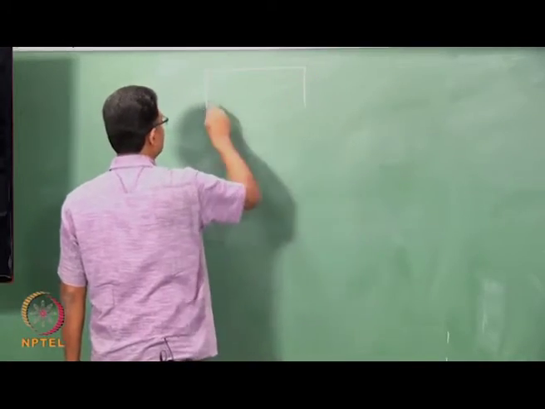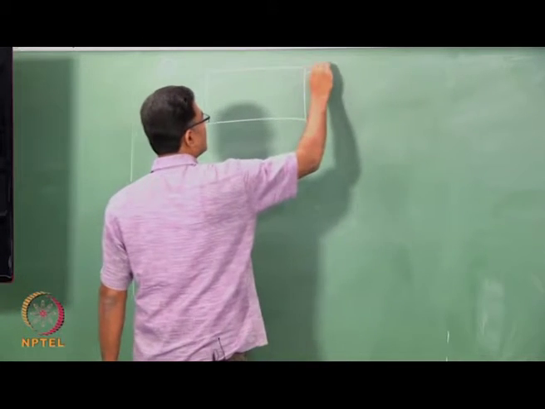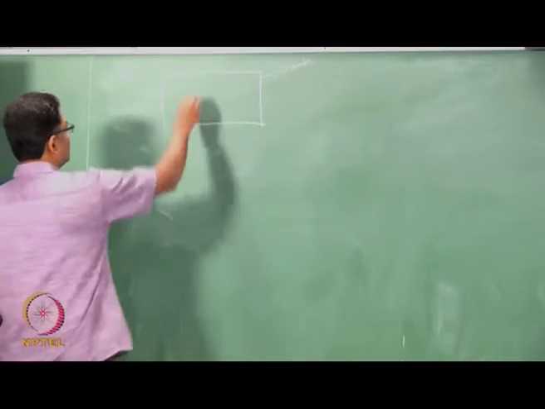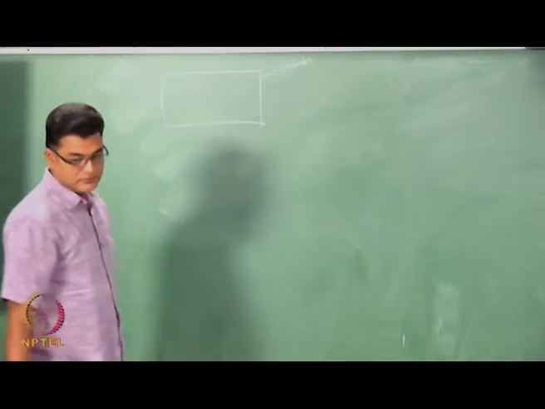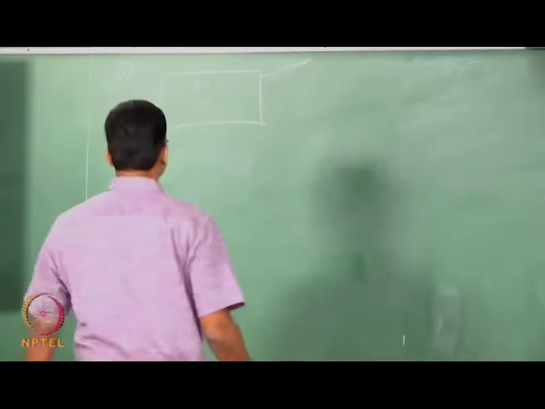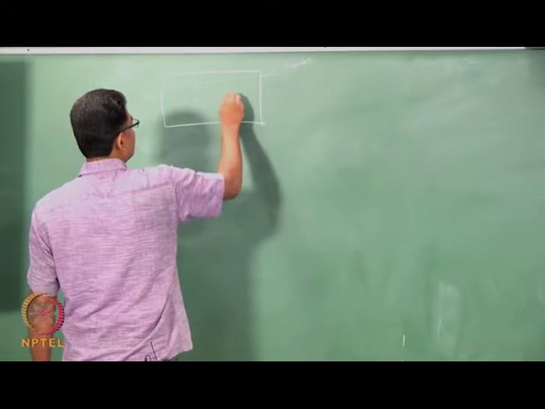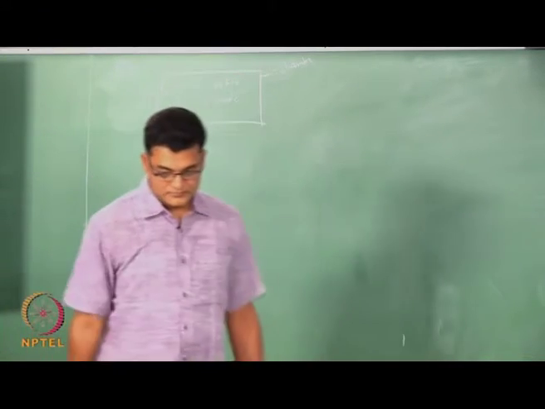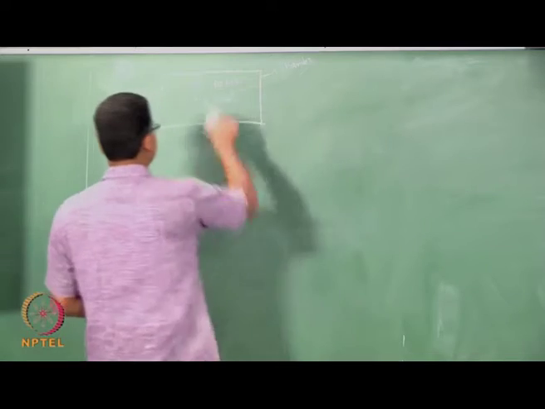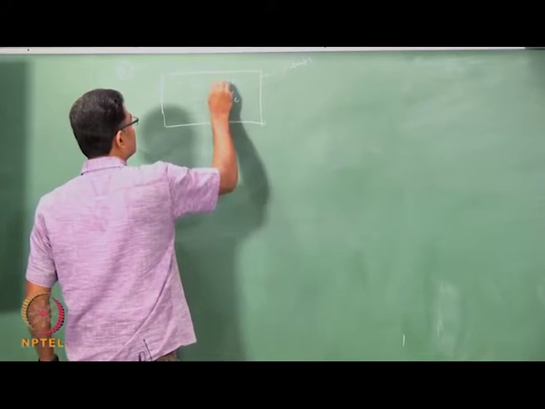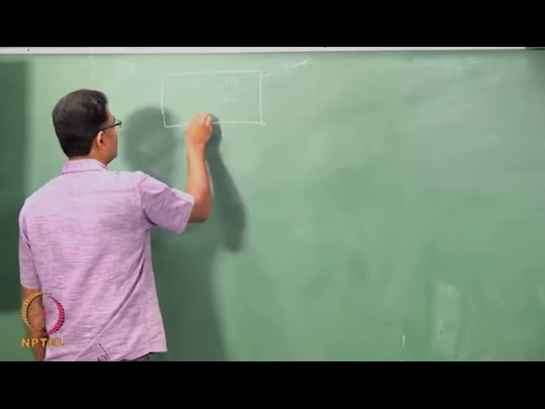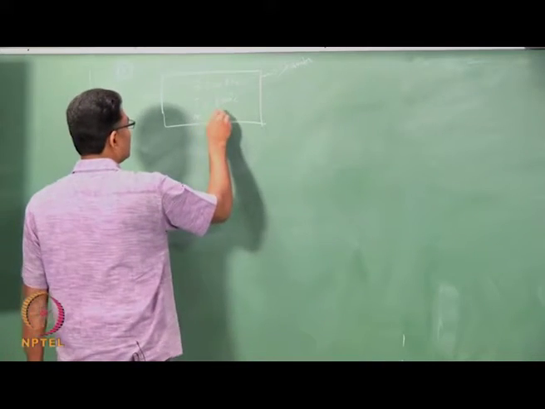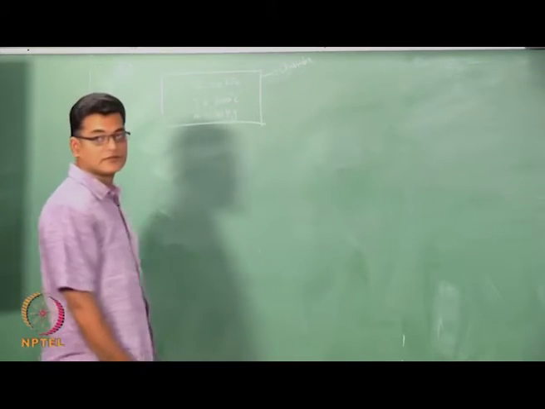So, I have a chamber. I have a pressure and a temperature here, say some 200 degrees Celsius and say 300 kilopascal. The mass that it contains is, let us say, 8 kgs.